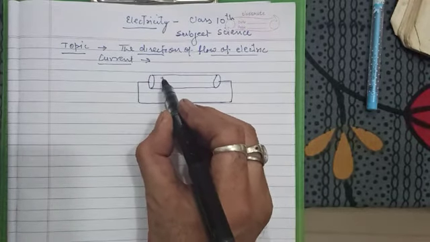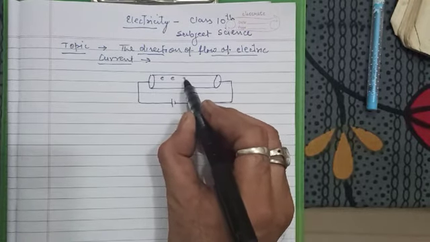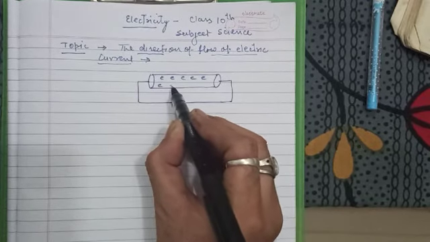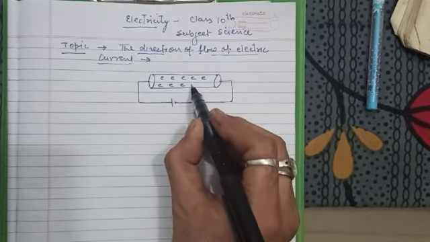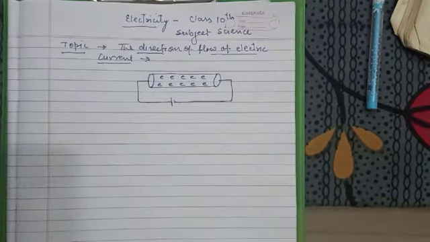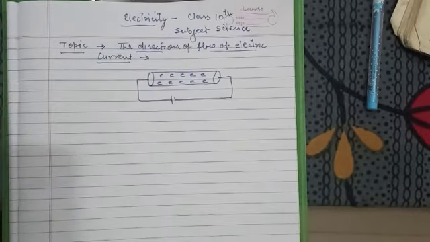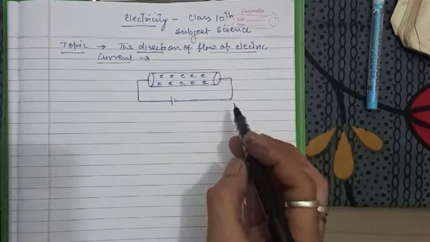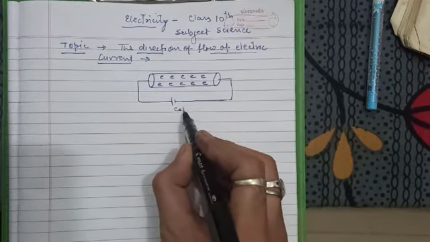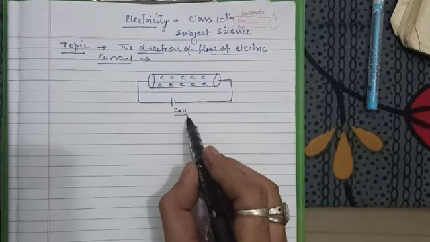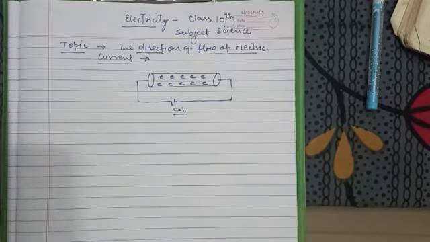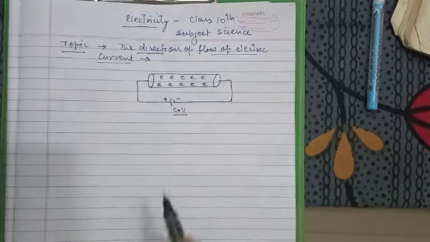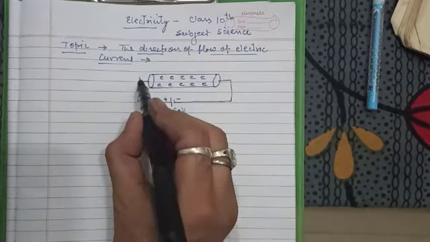In the conductor there are free electrons, and these electrons move in the conductor when the conductor is connected to a source of electric current, that is a cell or a battery. This one is the positive terminal, this one is the negative terminal of the cell.